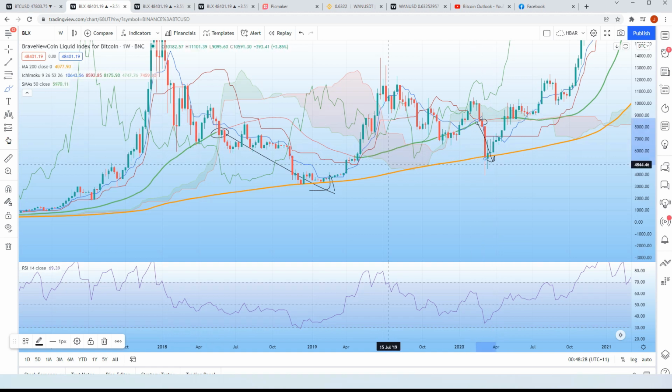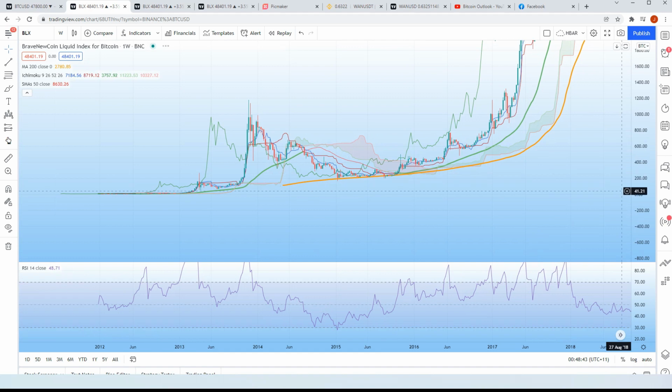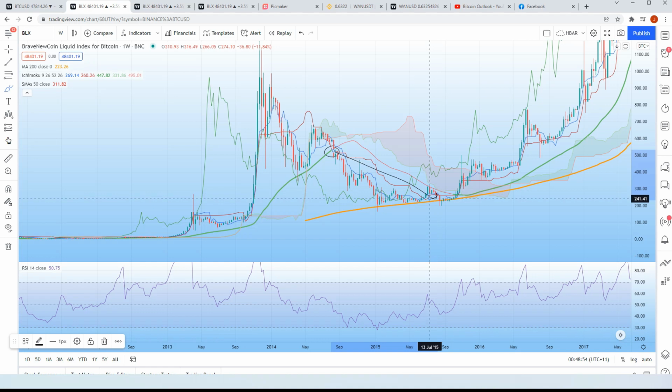Obviously, this is COVID-19, so we can't be taking too much from that, but mainly looking at the 2018 drop was when we failed to find support again on that 50 SMA, and we continued into the bear market. All right. If we go back in history, we can see a similar thing again into 2014. All right, bear market, we failed to hold that SMA, that 50 SMA, and we continue down to a bear market. All right, we did find support on the 200-day moving average.